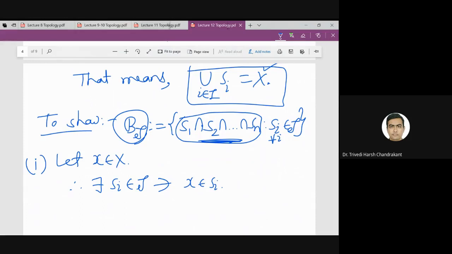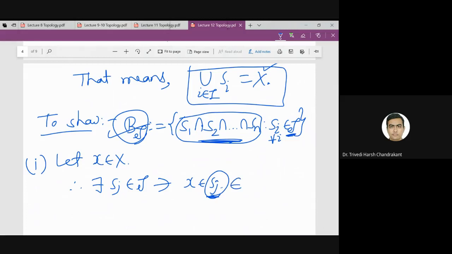And the finite intersection of Si. If you are confused, I can also denote it by Sj, because I have already used i, so I can use Sj. Now I have a single element of this family, so that also belongs to Bs, right?